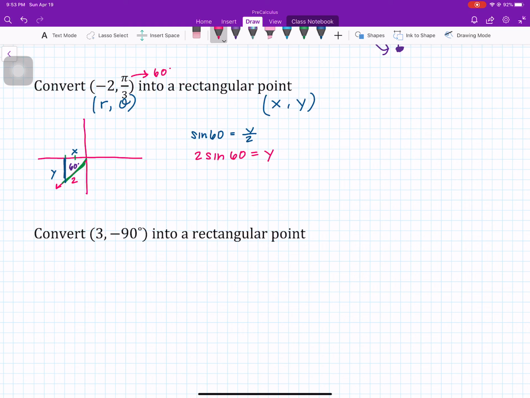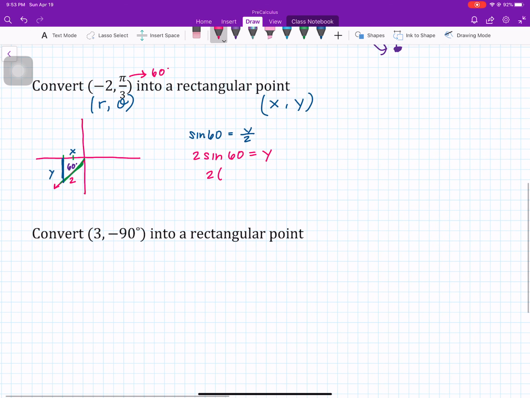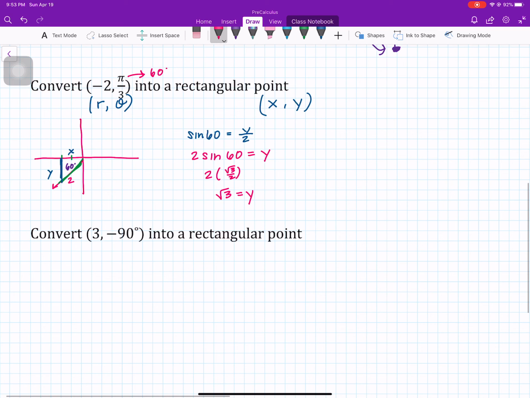The sine of 60 is root 3 over 2. So that means that this is 2 times root 3 over 2, which is just root 3. And I'm negative because I'm in the third quadrant.